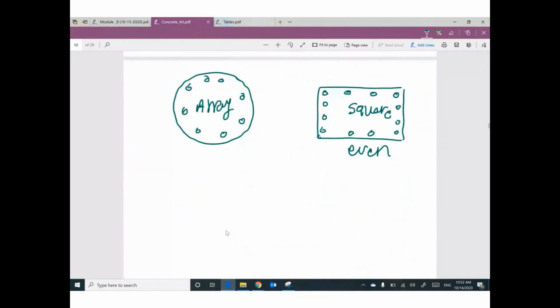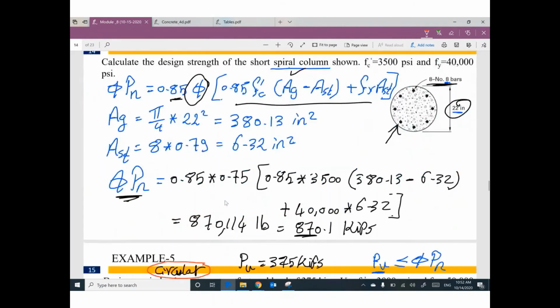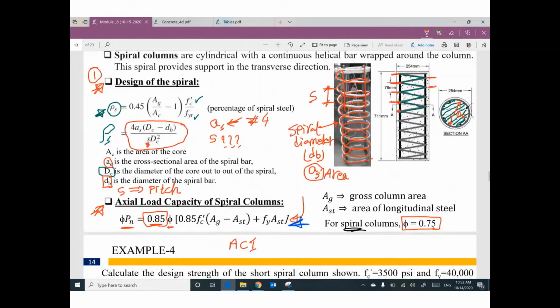We need to design the spiral. Guys, I told you, if you are talking about a spiral column, we have 2 steps. I did this step first, that's fine. But I'm still looking for this step also. You have to do both of them. You need to tell me, this is spiral. What is the size? What is the bar used?